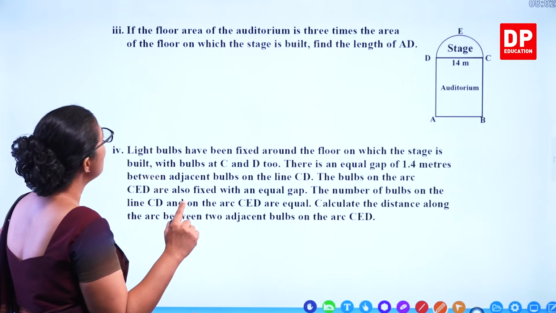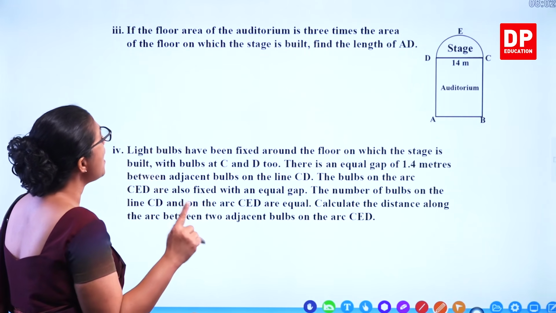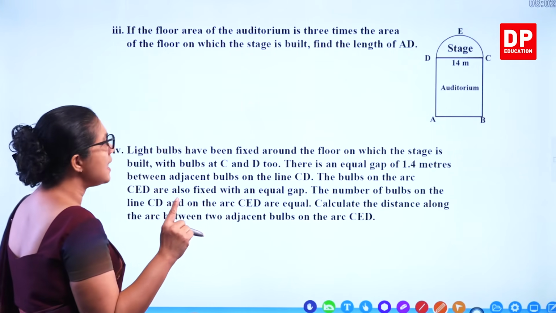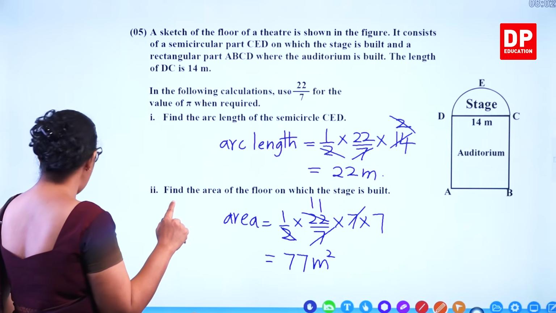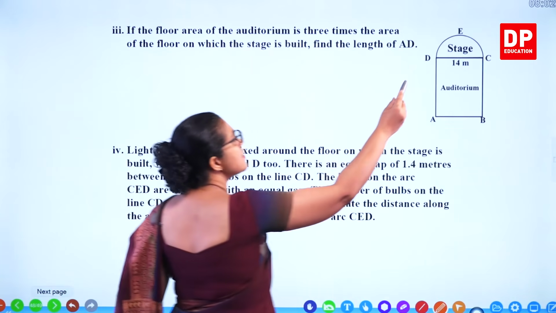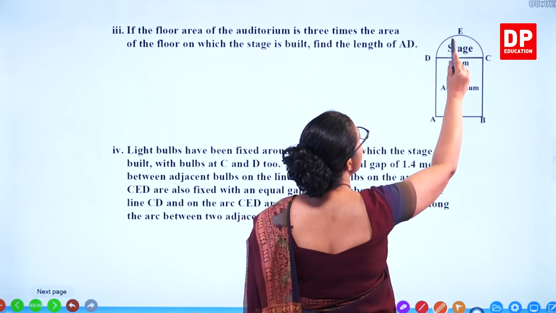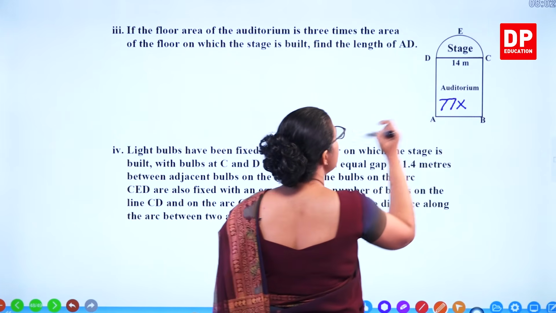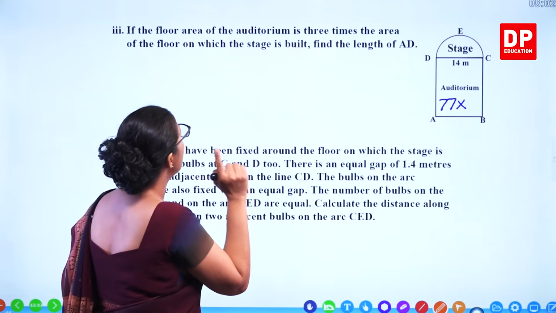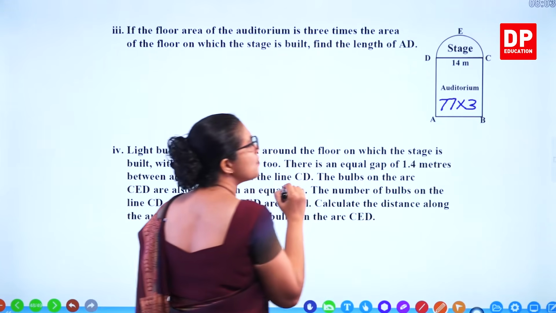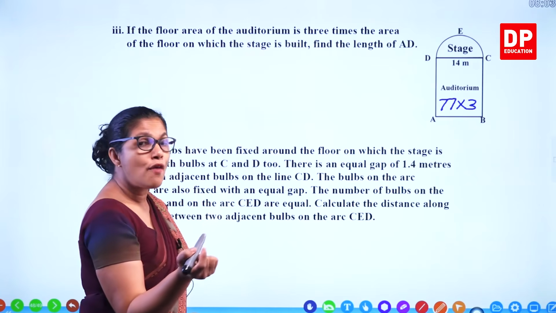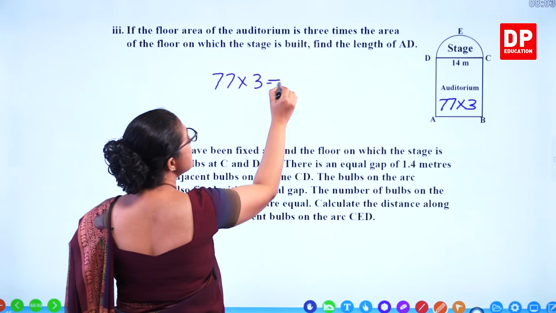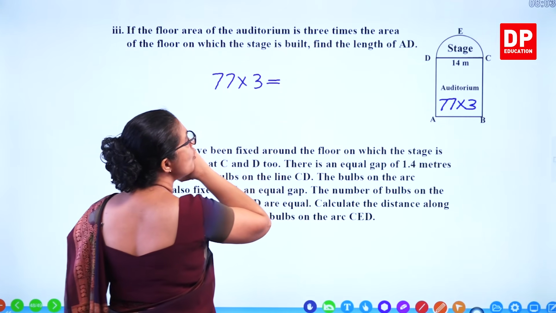Next part, if the floor area of the auditorium is 3 times the area of the floor on which the stage is built, find the length of AD. Now what was the area? 77 for the semicircle area. So this is 77. What's the area of the auditorium then? That's 77 times 3. It says 3 times bigger. So area of a rectangle is 77 times 3. That's equal to length into breadth.